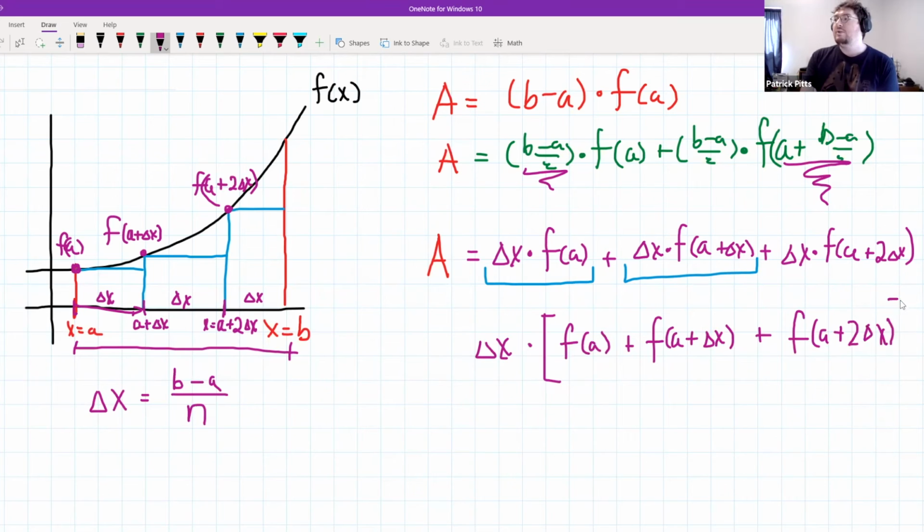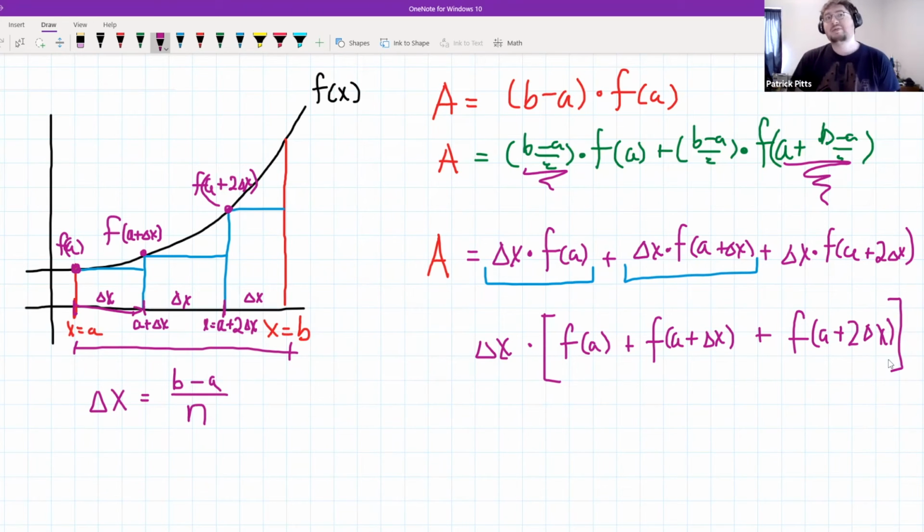Okay, great. Notice also that we have a pretty consistent little pattern in how the functions are evaluated. We start at a, and we do a plus delta x. Then we do a plus 2 delta x. And if we were to have more and more rectangles, we'd do plus 3, plus 4, plus 5 delta x's.